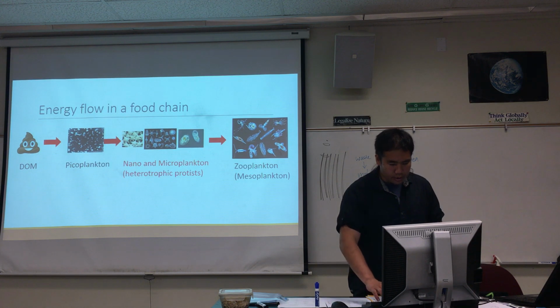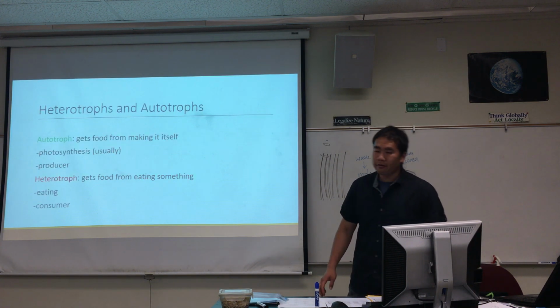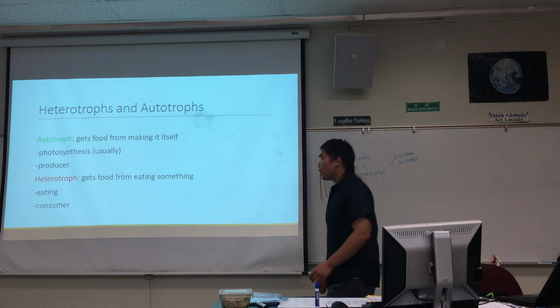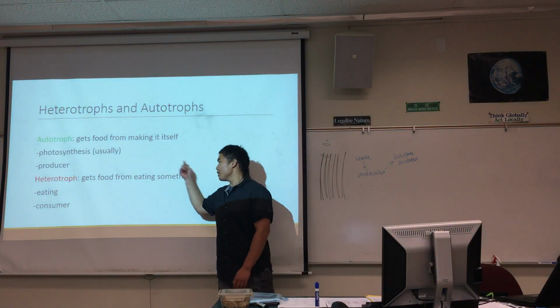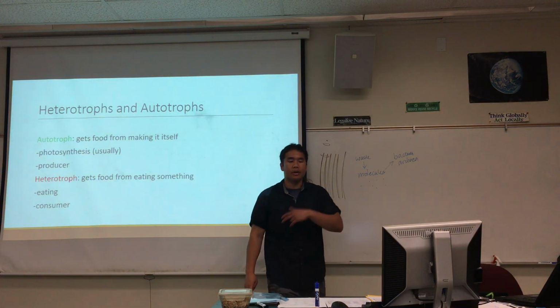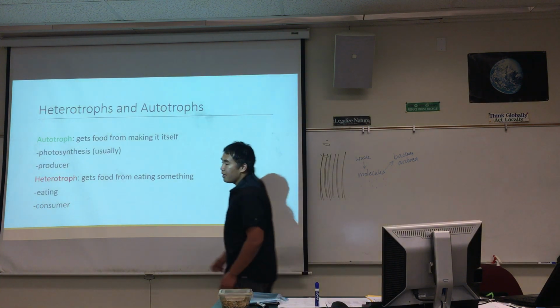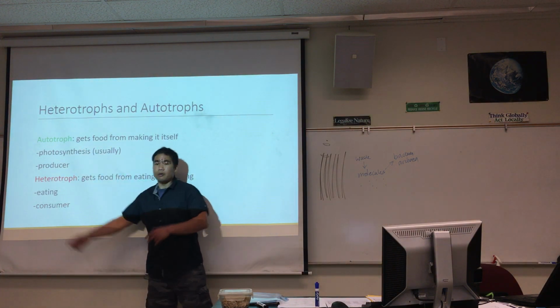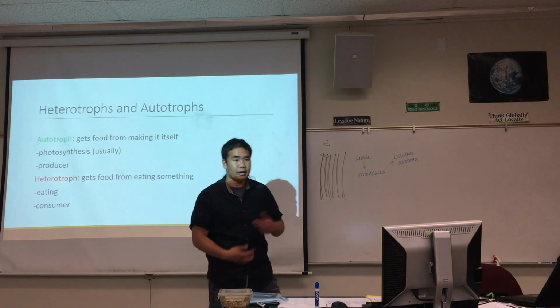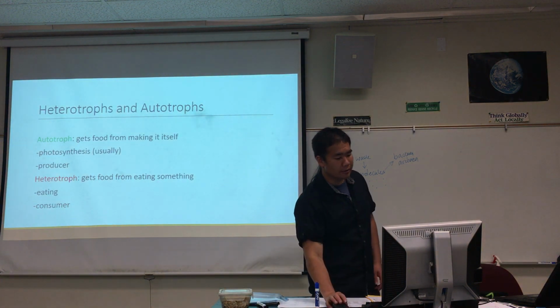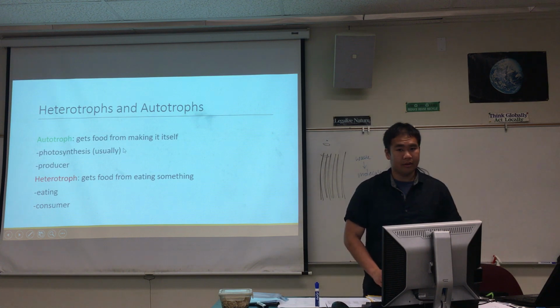Okay? So the comparison is autotroph versus heterotroph. Right? Autotrophs get food from themselves, and heterotrophs get food from another organism. Okay, so with this definition, we can see that autotrophs are producers, they're plants and stuff like that, right? They produce their own food, whereas heterotrophs are all consumers and stuff.